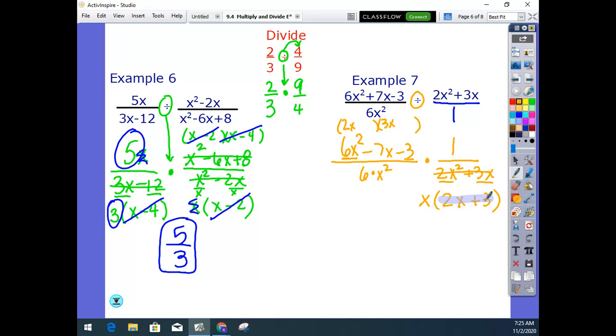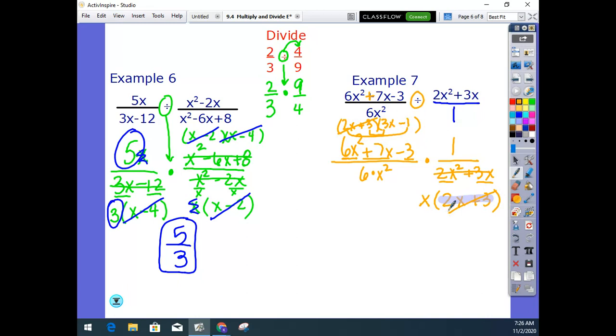Since I have 2x plus 3 on the top, let's try plus 3 minus 1. That gives me 9x minus 2x. All right, so that's not quite right because we need, oh, you know what? This was a plus. I copied this down wrong. So it is right. So this is positive 9 minus 2 is positive 7.